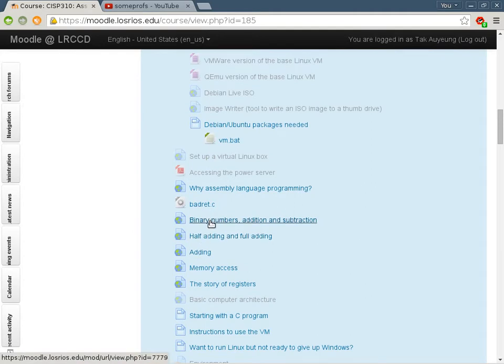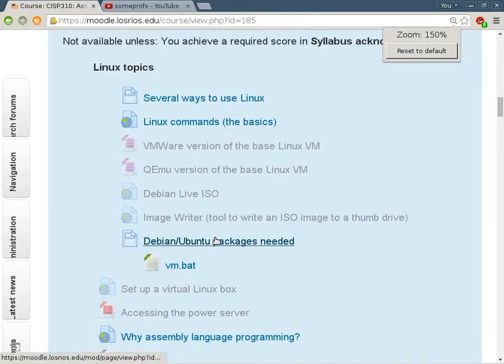We're at binary numbers, addition and subtraction, and then the next topic is half adders and full adders, which are basically discussions of how to perform addition and subtraction, not as arithmetic operations, but from the perspective of logical operations, like using the AND gate, the OR gate, and also the NOT gate, the negation gate.